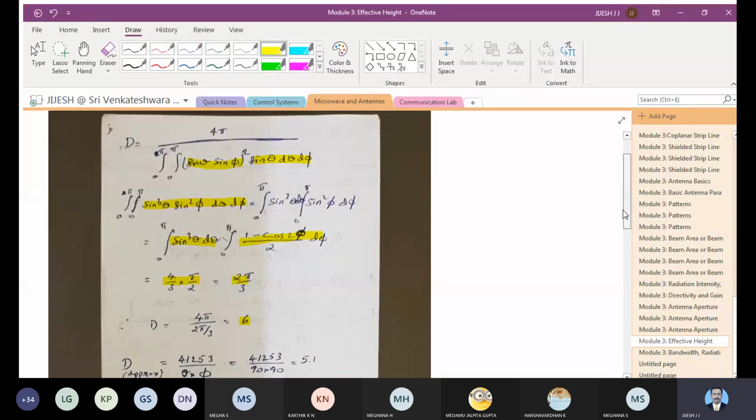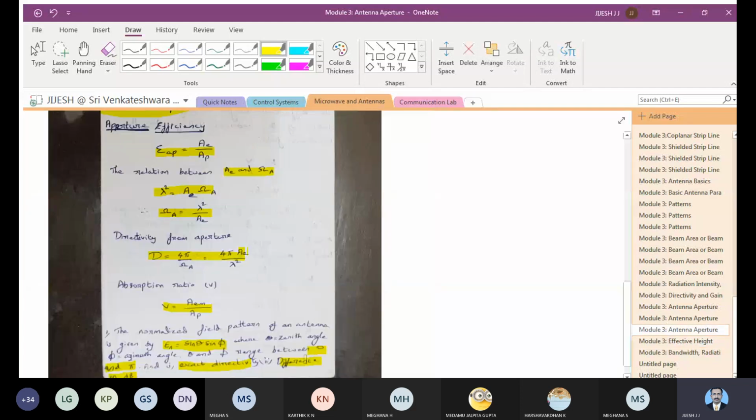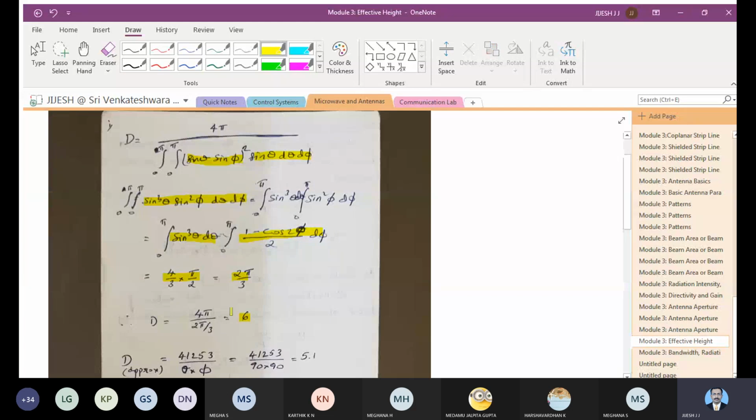This is the exact method. In the problem they are asking for the difference in dB. So what is the difference that you are going to get between the exact method and the approximate method? What is the equation for the approximate method? 41,253 divided by theta half power, phi half power.